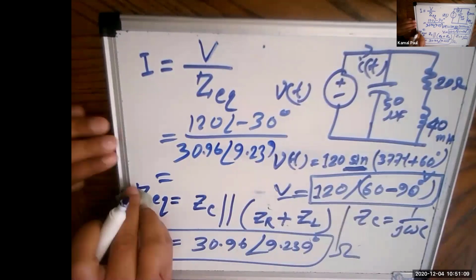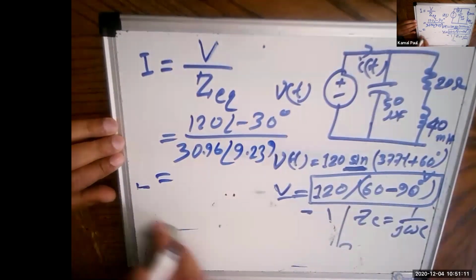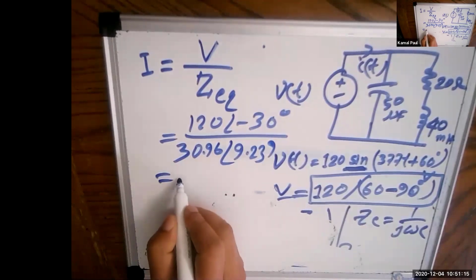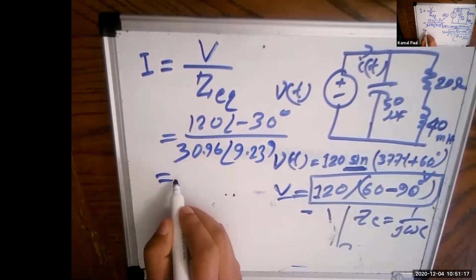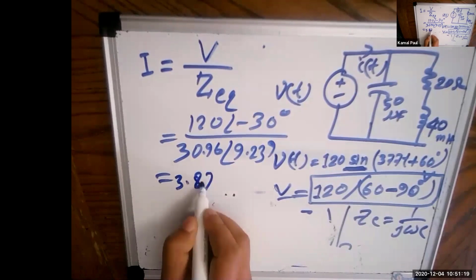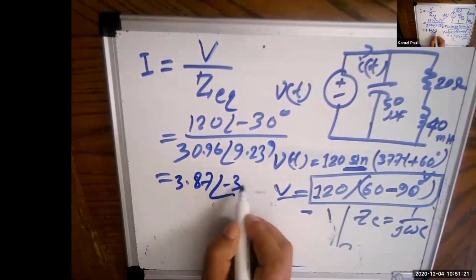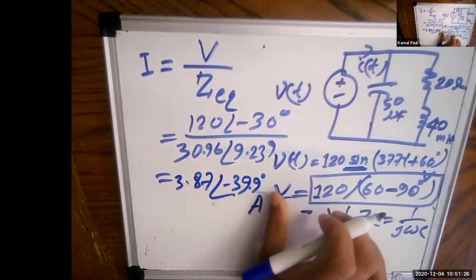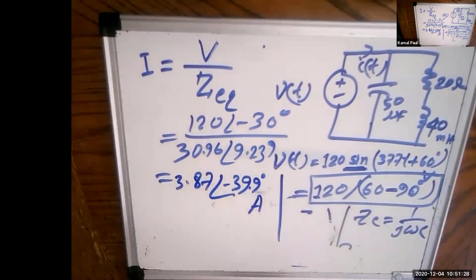Once you compute this value, you will find the current I is equal to 3.87 angle of minus 39.9 degrees, and the unit is ampere. Don't forget to mention the unit.